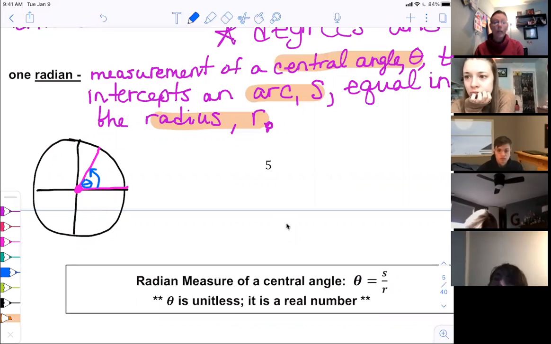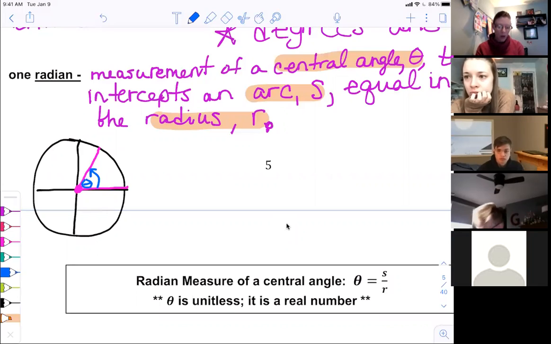So 1 radian is found when my arc, which is the edge of the circle, and the radius, which is the distance from the center of the circle to the edge, are the same value. When the arc and the radius are the same, I have this 1 radian unit.